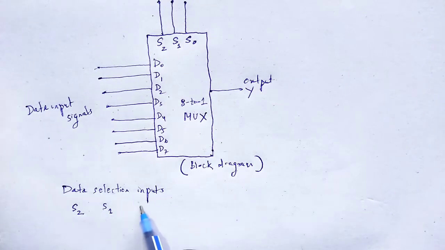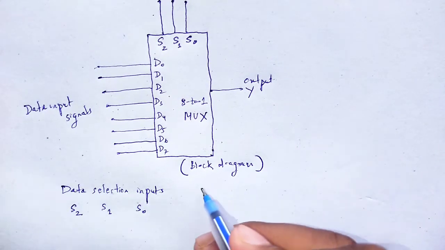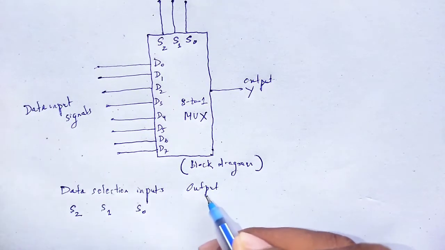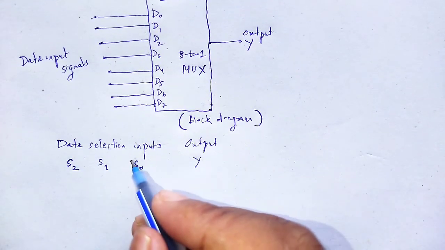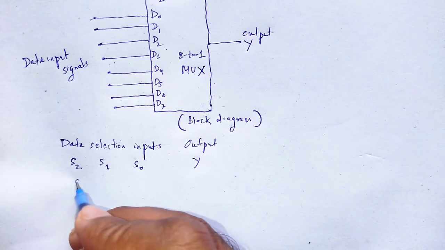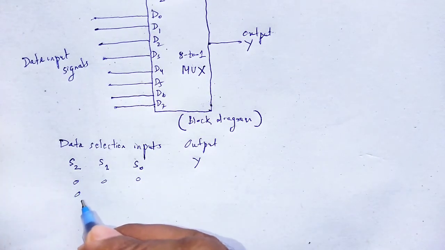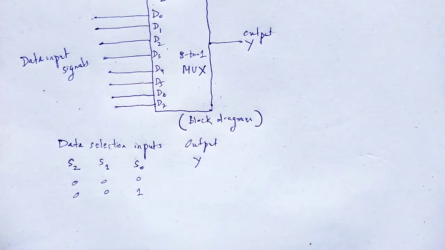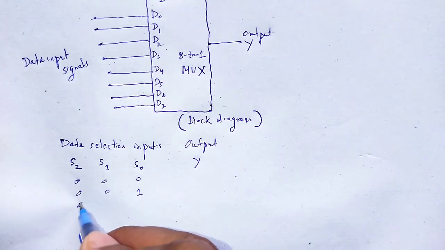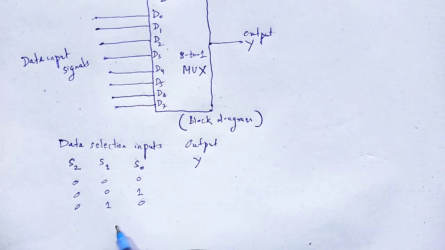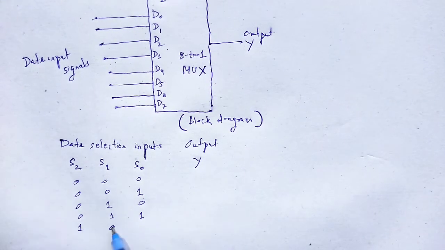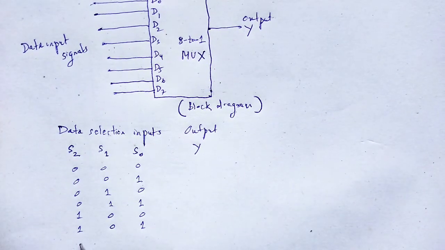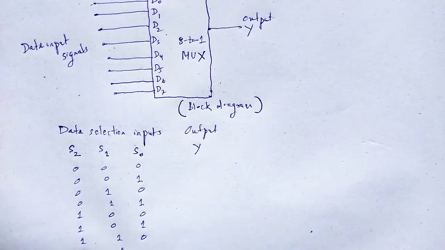So, we have one output Y. The possible selection inputs are 0 0 0, 0 0 1, 0 1 0, 0 1 1, 1 0 0, 1 0 1, 1 1 0, 1 1 1.